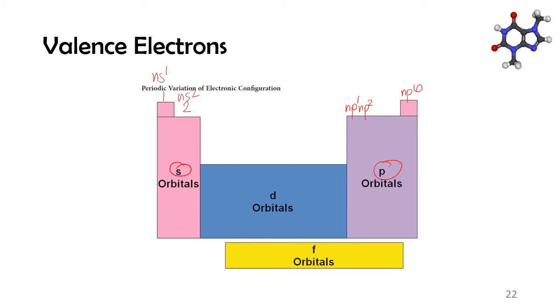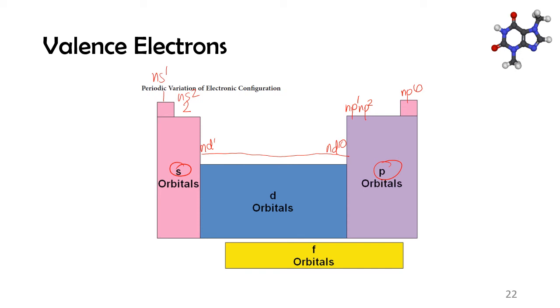The 10 groups from 3 to 12 end with a d orbital. Group 3 ends with an nd1 electron configuration, and group 12 ends with an nd10.